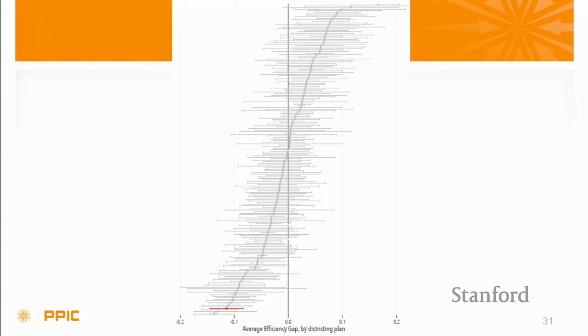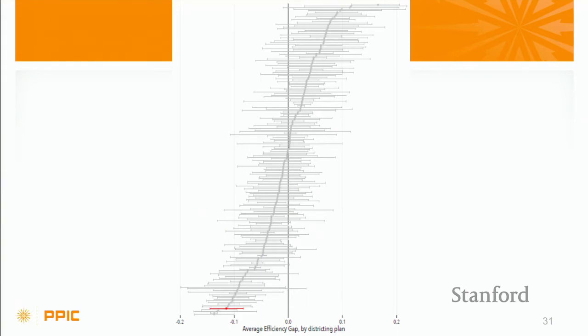Anyway, he calculated for all the state legislative plans over the last 40 years the range of efficiency gap values for those plans, and this red line is the Wisconsin plan. So it's clearly an outlier in that broader historical distribution.